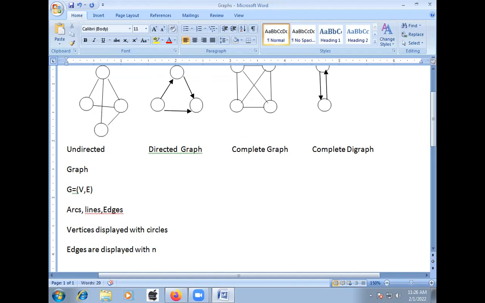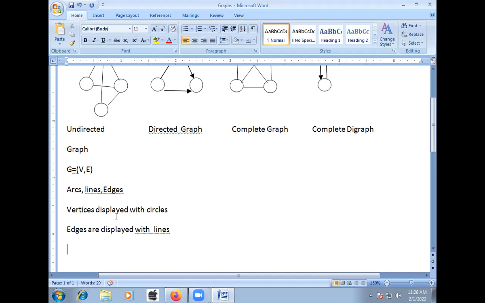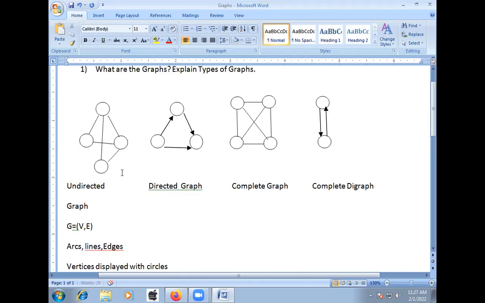Vertices are displayed with circles and edges are displayed with lines, as per the graphical representation of a graph.